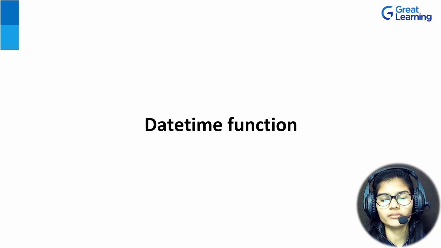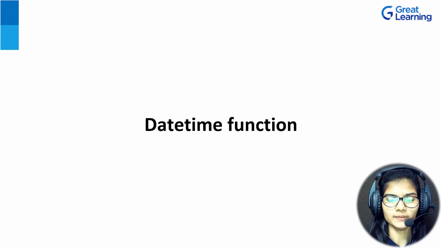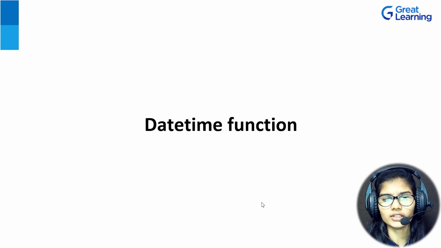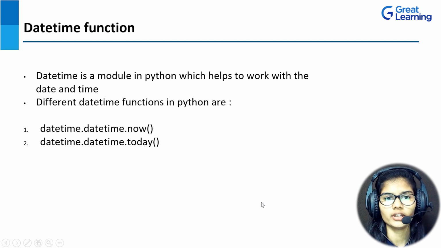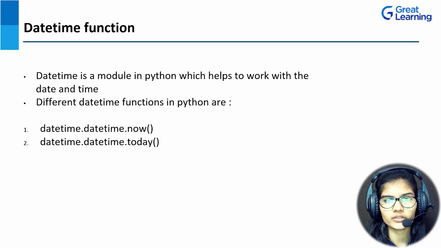Okay, so now let's learn about the datetime function which we have here in the Python programming language. Let's go ahead and check out what this datetime function is used for. For the datetime function as well, first of all we have the datetime module. Datetime is one of the modules which helps us work with dates and times.